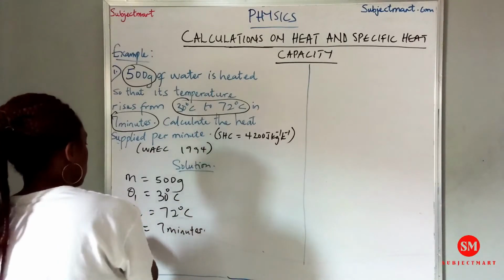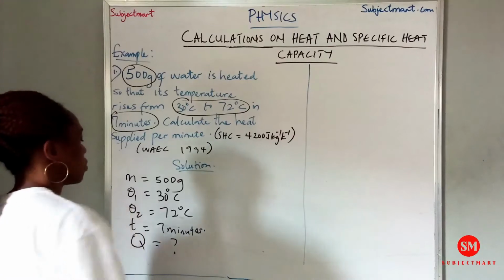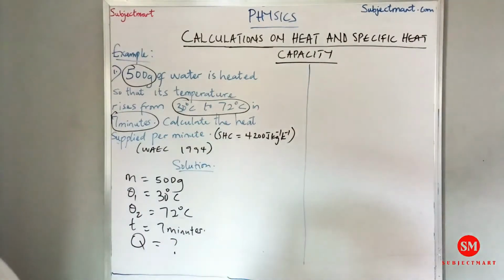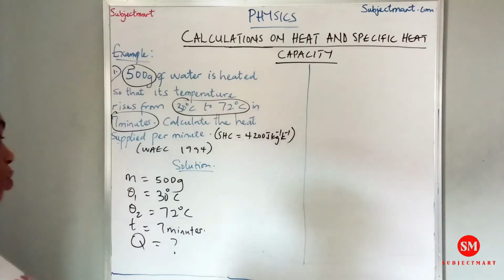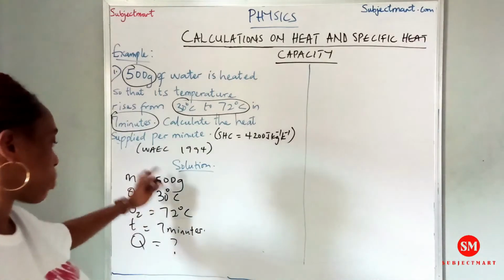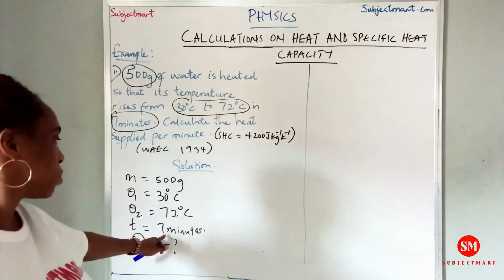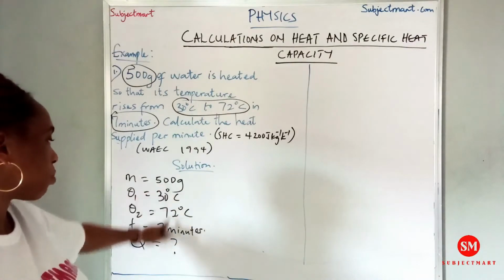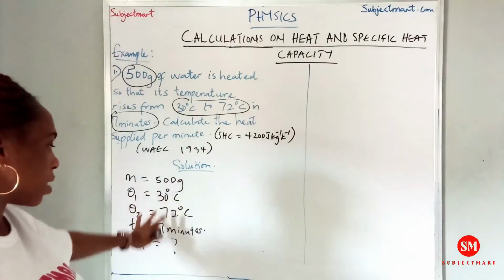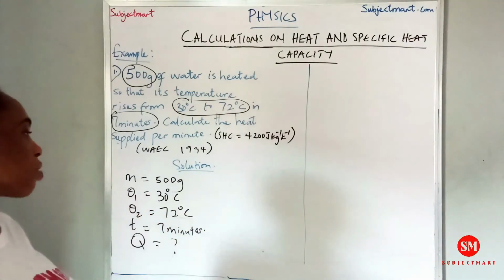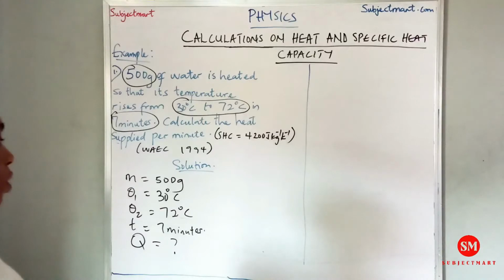So we are to calculate the heat supply per minute. The first thing we need to do is to calculate the heat supplied for 7 minutes, 500 grams, from 30 degrees to 72. This information here is for 7 minutes. So let's calculate the quantity of heat.